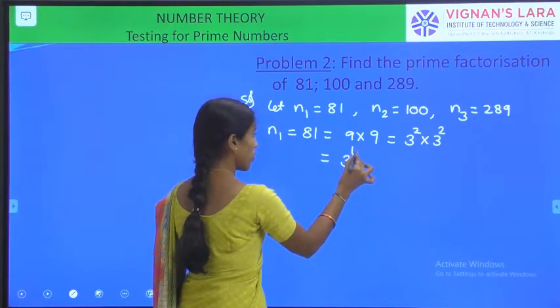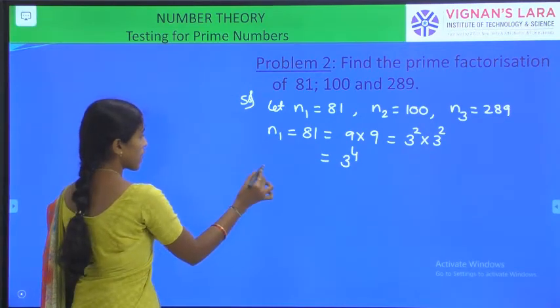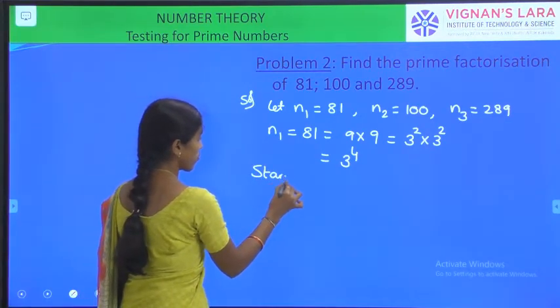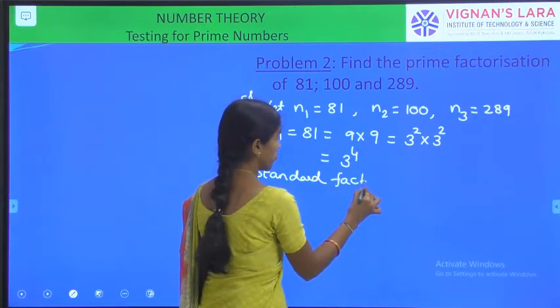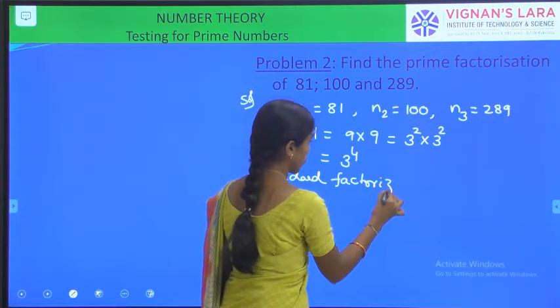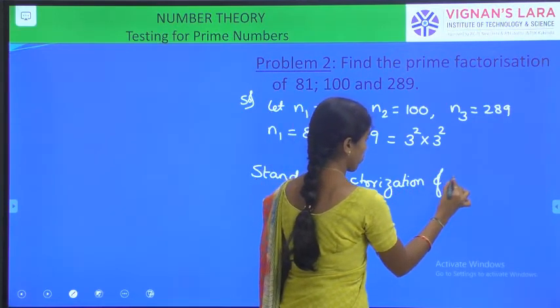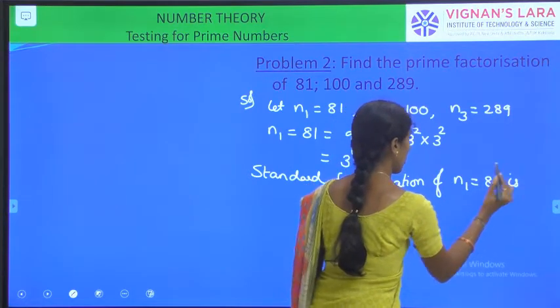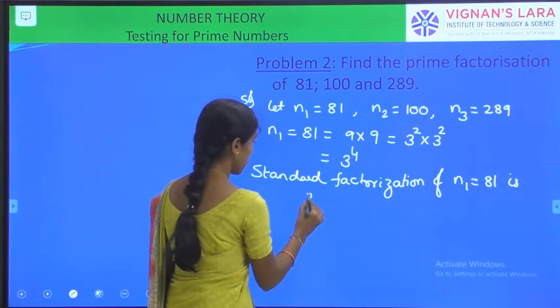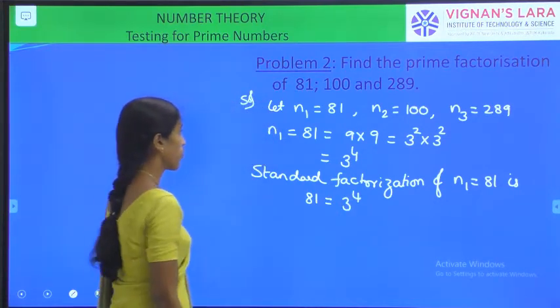So 3 to the power 4. The standard factorization of n1 is equal to 81 is 81 is equal to 3 to the power 4.